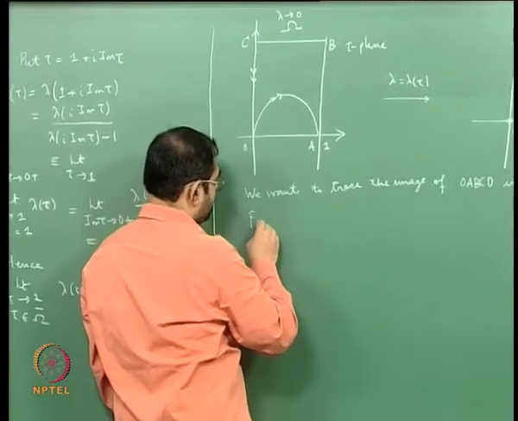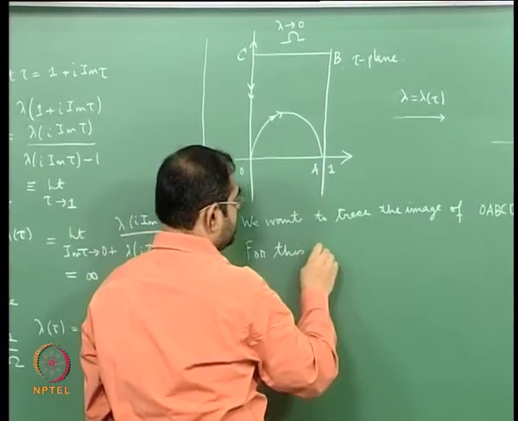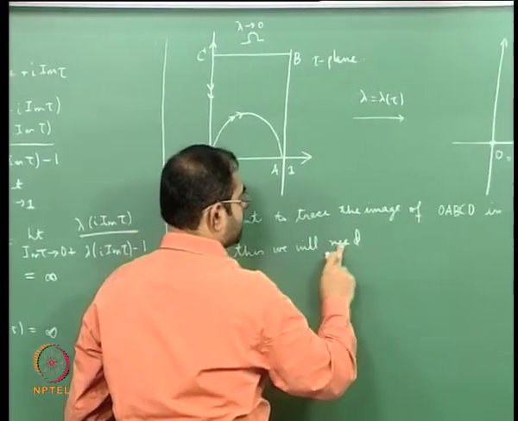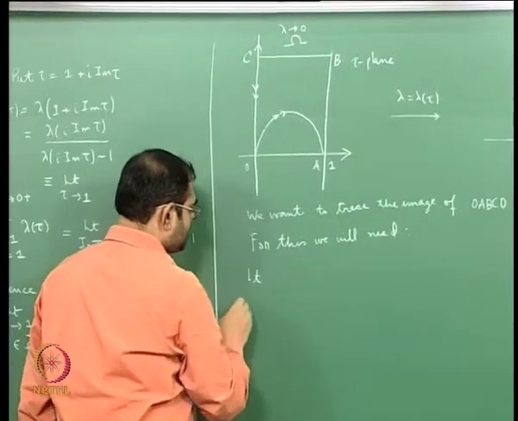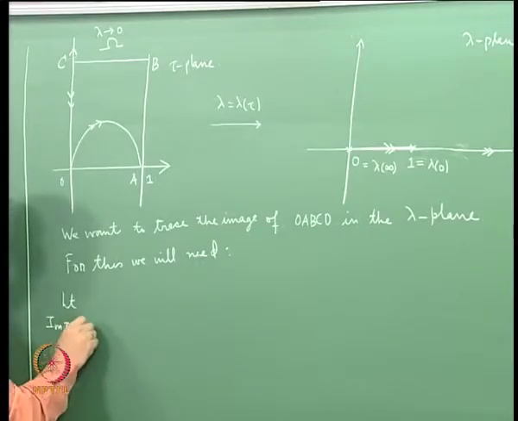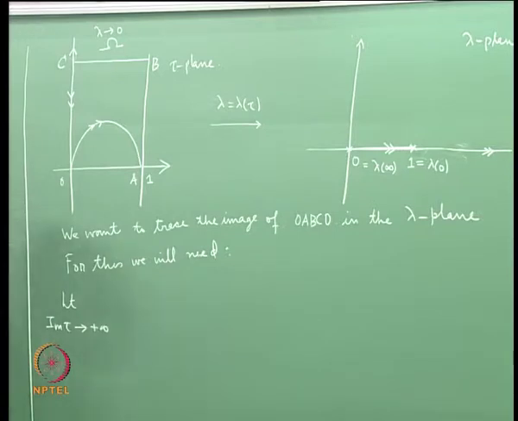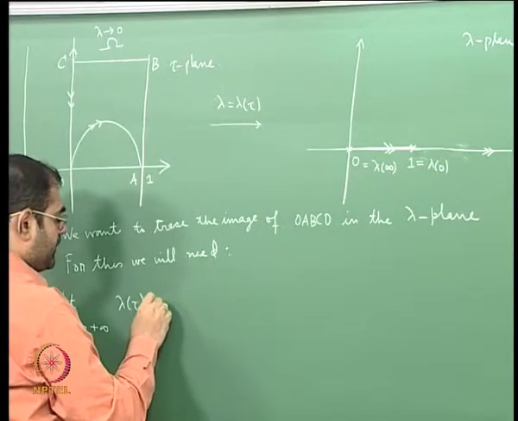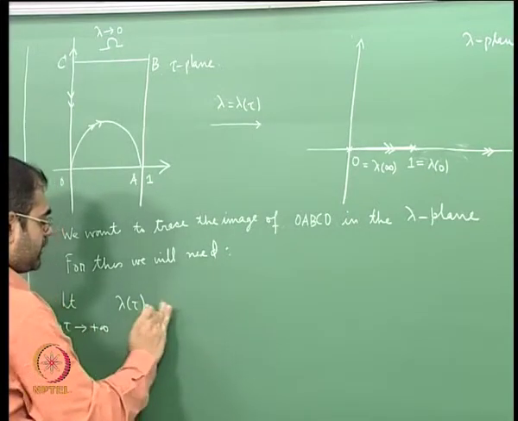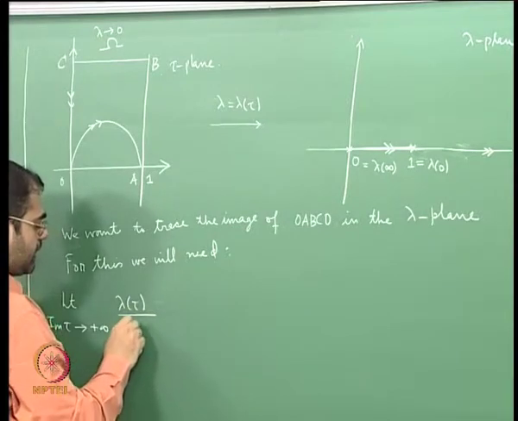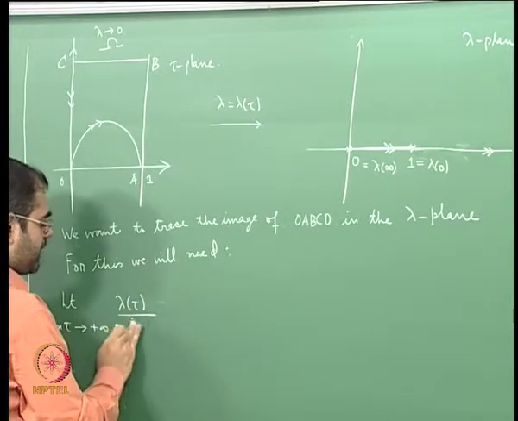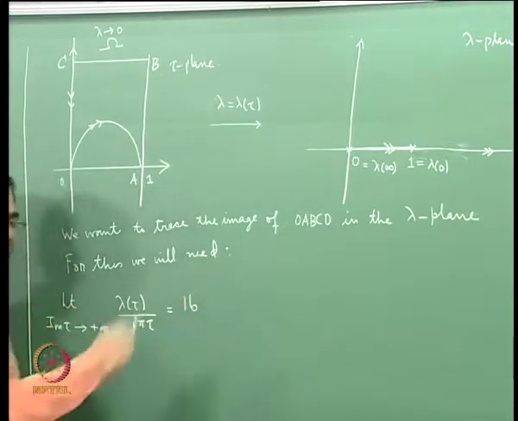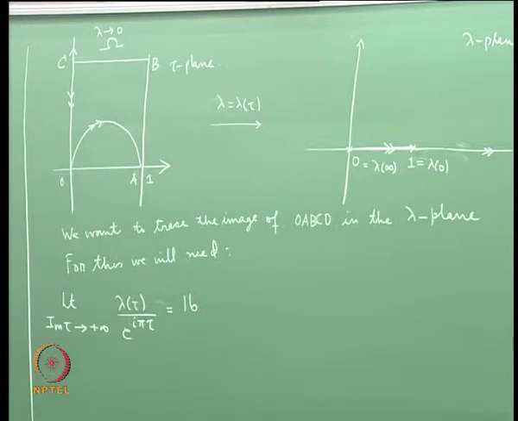For this we will need the following computation: the limit as the imaginary part of tau tends to plus infinity of lambda of tau by e power i pi tau is equal to 16. We will need this computation.